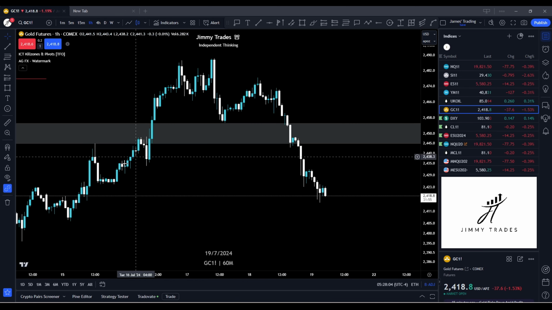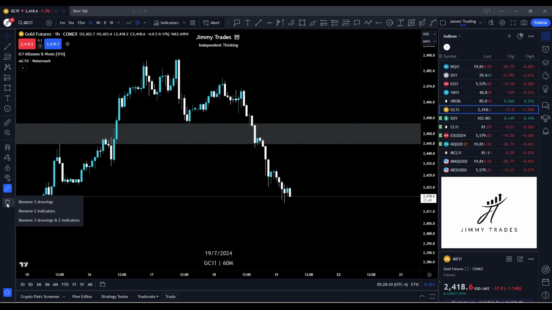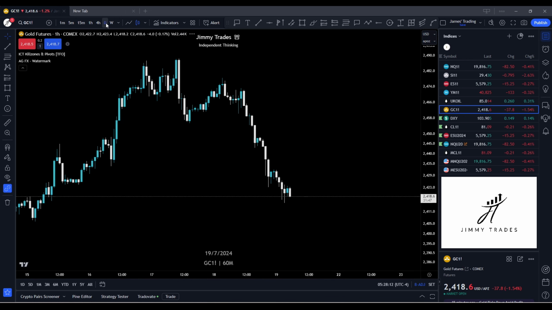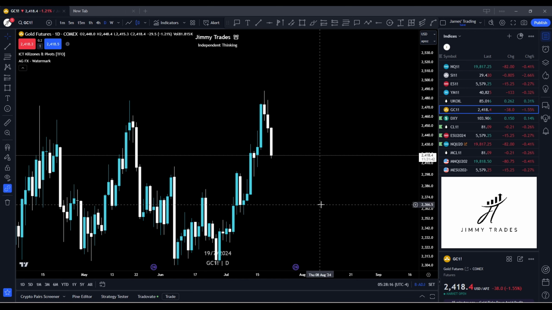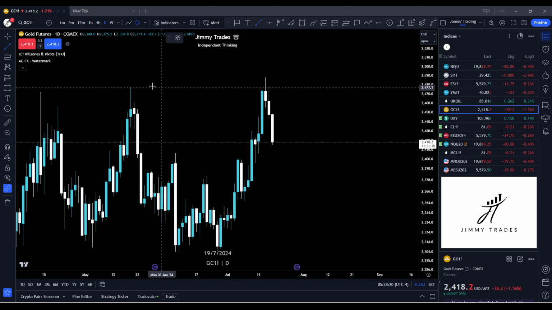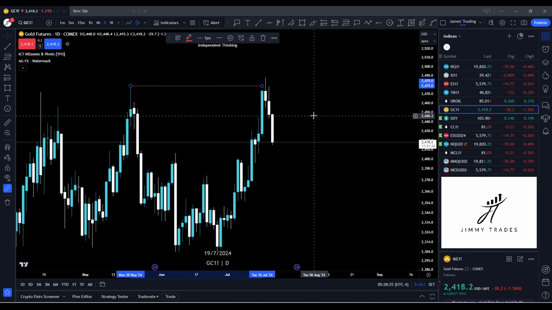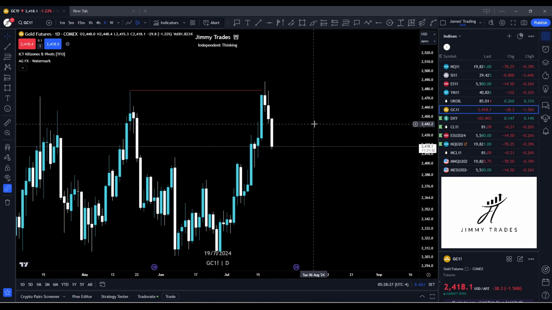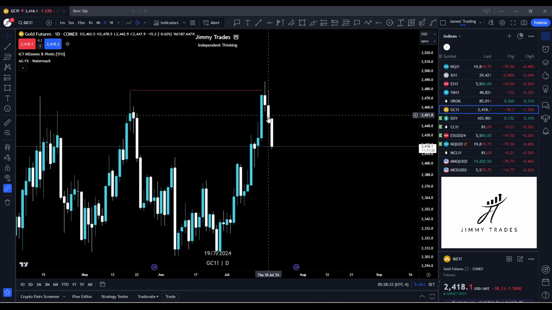Gold, let's go gold. So we had a nice bias play out. So we were short yesterday.